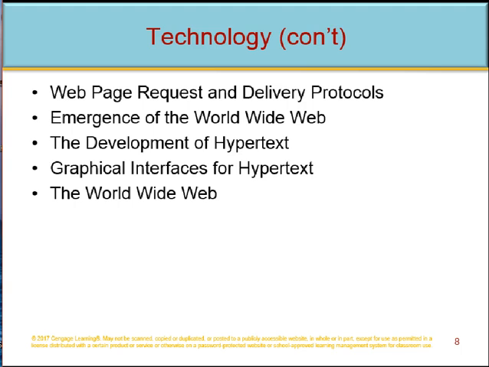So let's continue talking about technologies used on the internet. We have web page request and delivery protocols. Web client computers run web client software, and that's typically known as a browser.